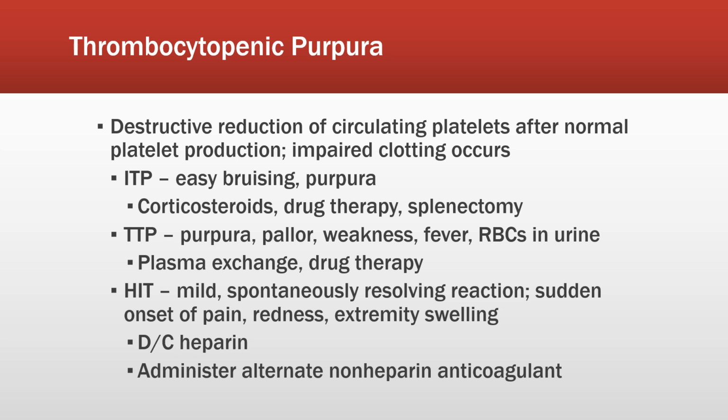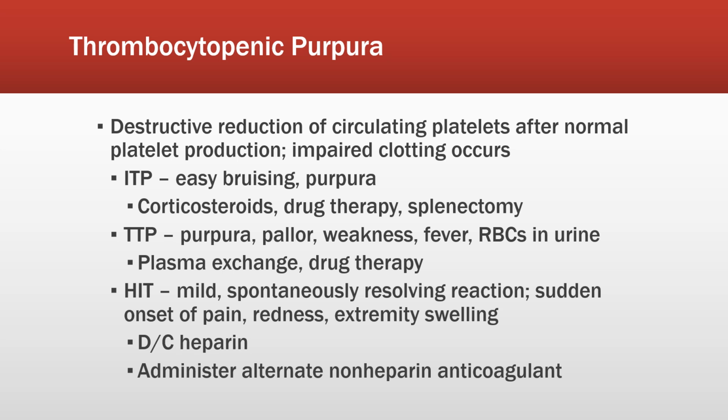What are some of the diagnostics or labs? ProTime, INR. The treatment is to stop the heparin and give them anticoagulants that are not heparin type. There are some new ones on the market that can do that. What are the signs and symptoms?